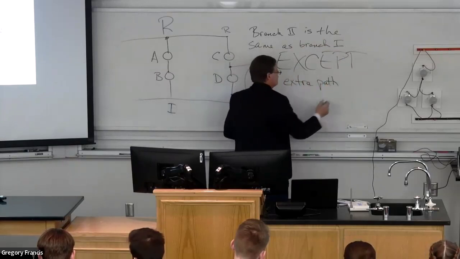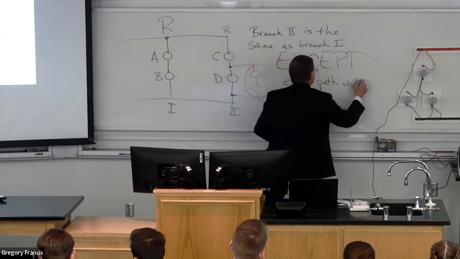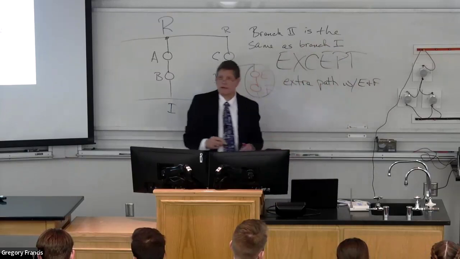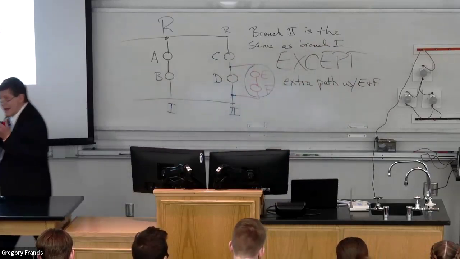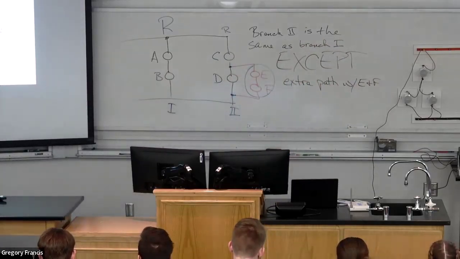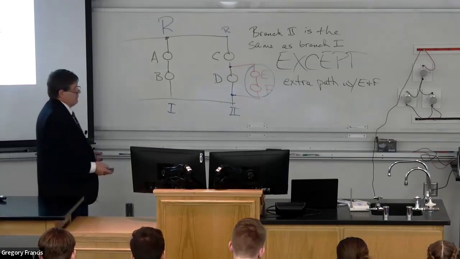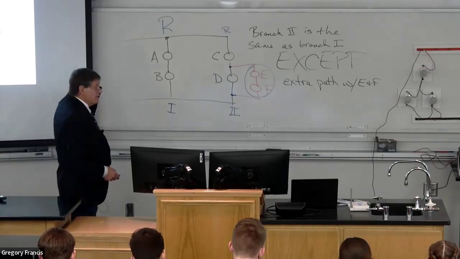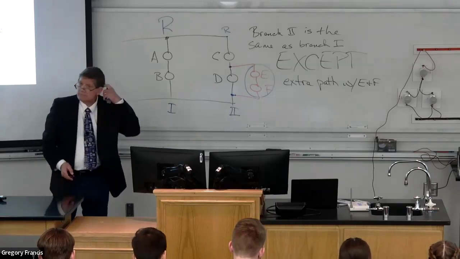Tell me which one's extra. The one with E and F. Okay. And by adding a path, I know that I have lowered the resistance, and that makes the branch on the right the easier branch. And what that means is that C is going to be brighter than A.